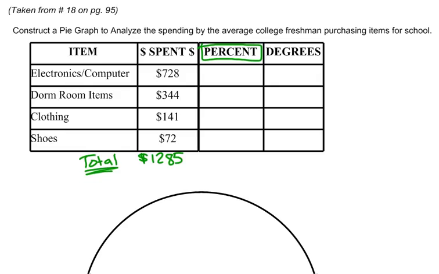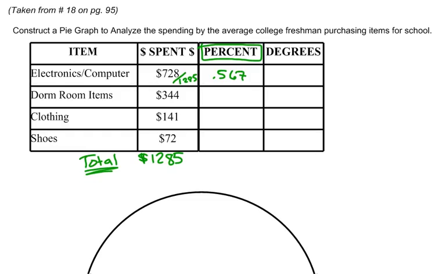And to find the percentages in each category, you're going to take each one of these and divide by 1285. So we would take that 728 divided by 1285, and that's going to give us what we would estimate to 0.567. I'm just going to carry out 3 decimal places for rounding purposes.